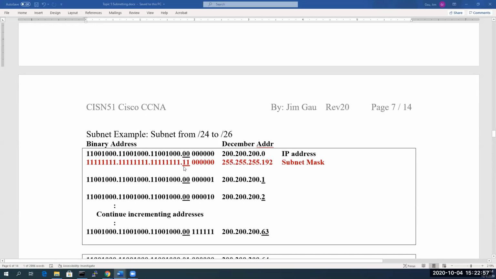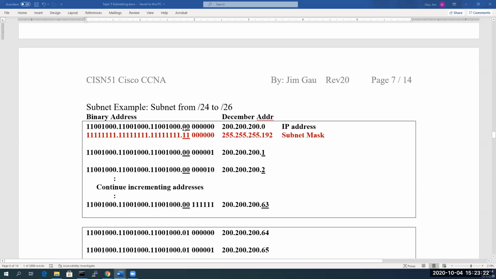So we are going to put in 1 in the subnet mask. So what it means is that the 25th and 26th bits in the /24 were part of the host, and now they become part of the network. So the network has become a 26-bit network, /26.